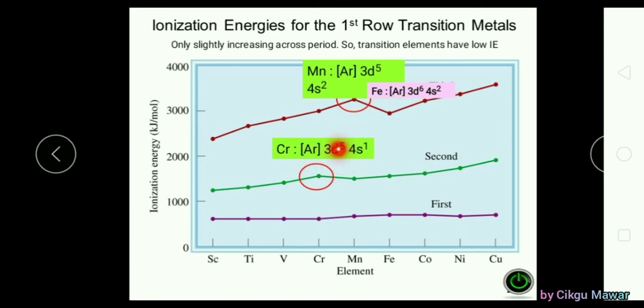So in order to remove the second electron in chromium from a 3d5 orbital, higher energy is needed. That's why the IE of chromium is slightly higher compared to the other elements. For the first IE, it is only slightly increasing. As a conclusion, transition elements have a low IE, except for these elements.